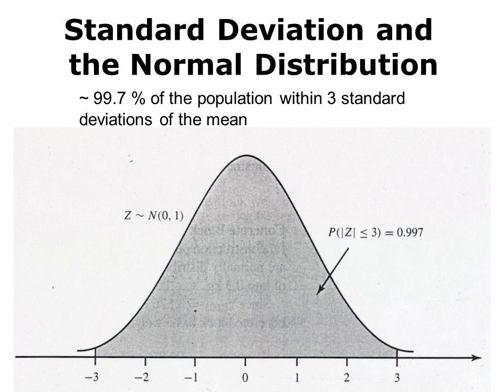So you only have about 0.3% of the population lying more than 3 standard deviations away from the mean. These are some good rules of thumb to help understand the normal distribution a little better.